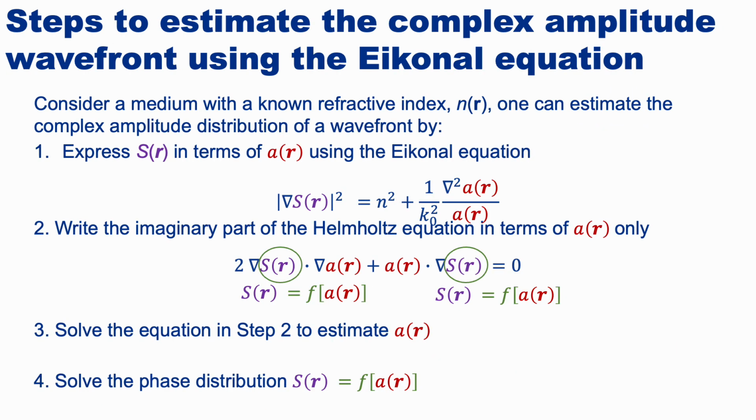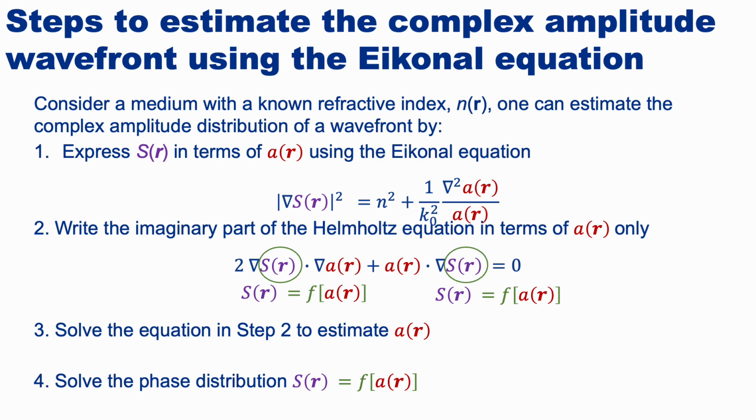So we were saying that we're going to introduce a procedure to estimate the complex amplitude. The assumption is that we need to know the refractive index, how it changes across the spatial coordinates.